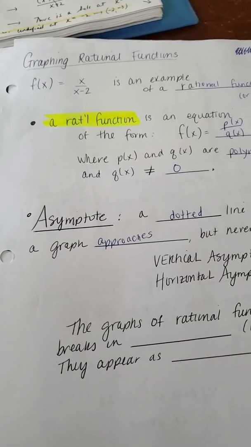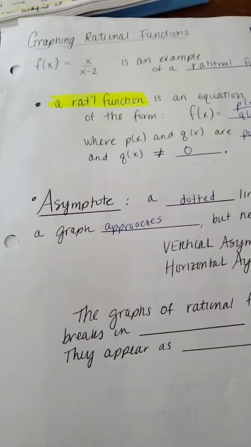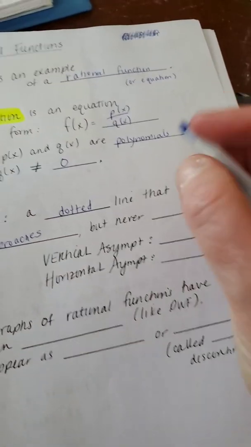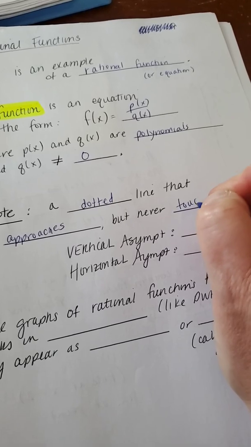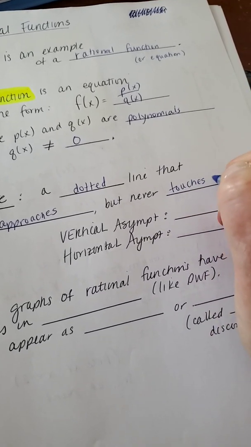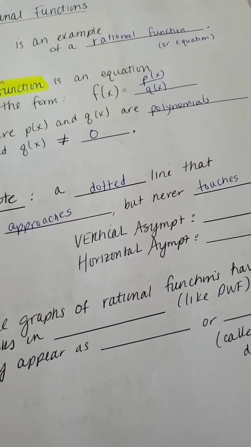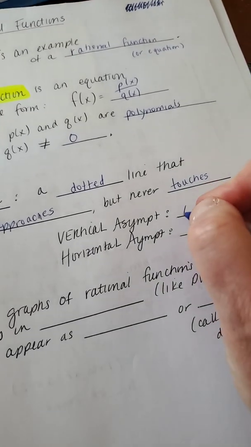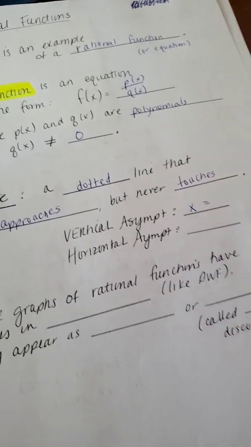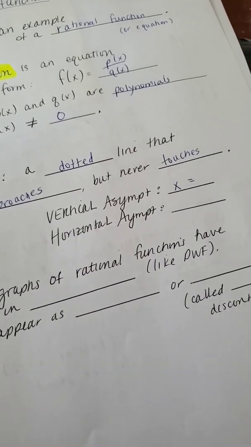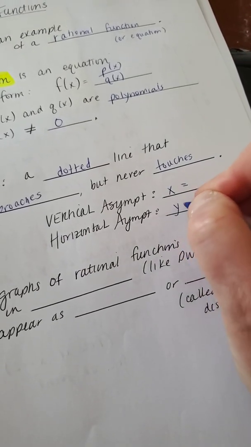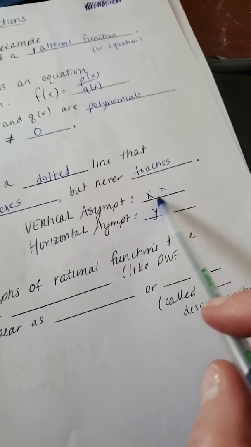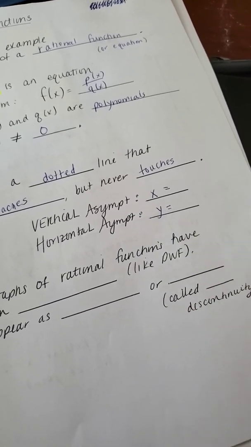It comes really, really close to it, hugs the line, but it never ever touches it. Vertical asymptotes are in the form x equals, and horizontal are in the form y equals. I know you know that this is the graph of a vertical line, and this is the graph of a horizontal line.